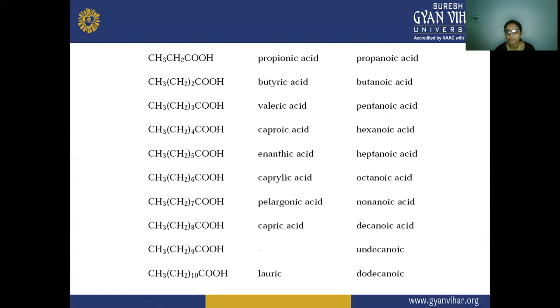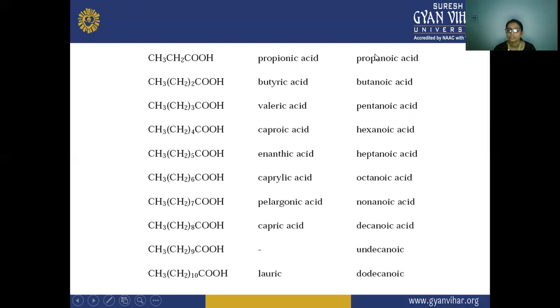Here the carbon number is 2. If n equals 2, then carbon equals 2 and H equals 5, so C2H5 and COOH. Its IUPAC name is propanoic acid because you can count from here 1, 2 and 3.